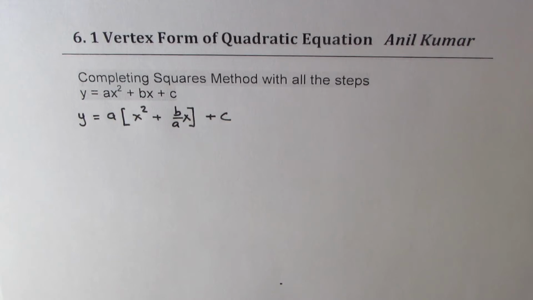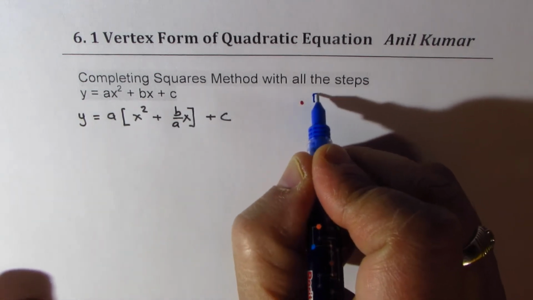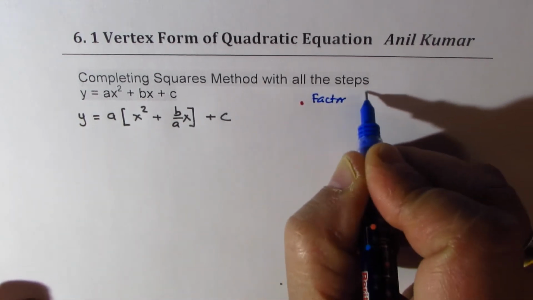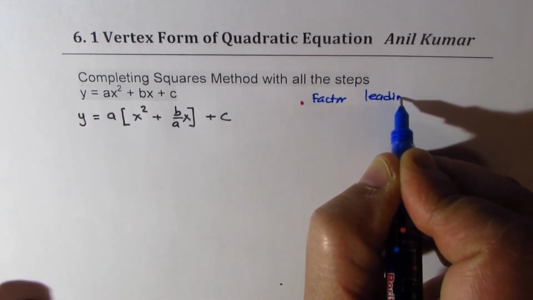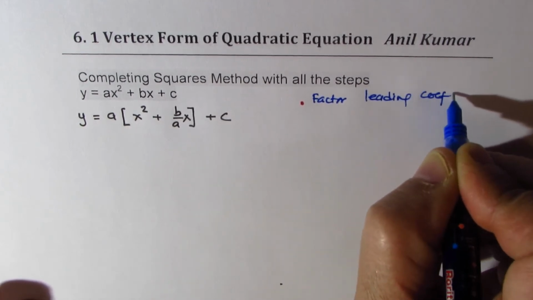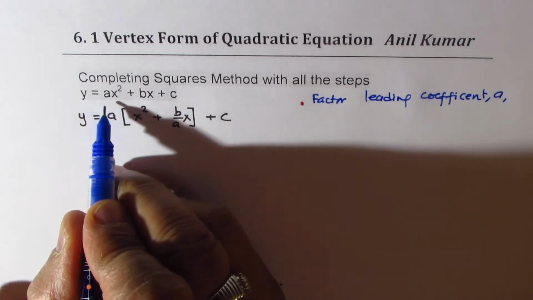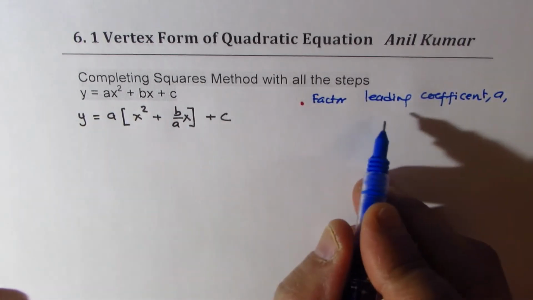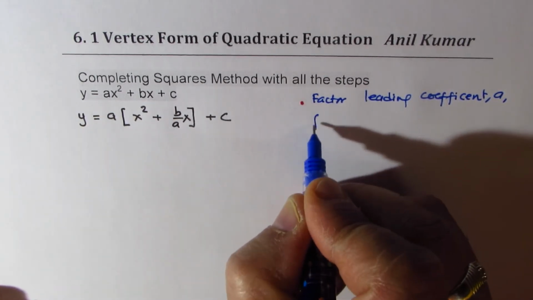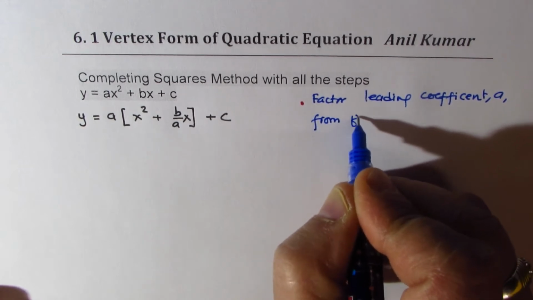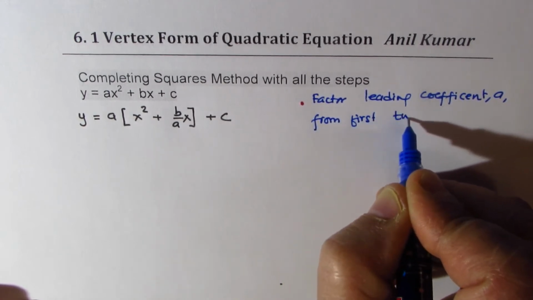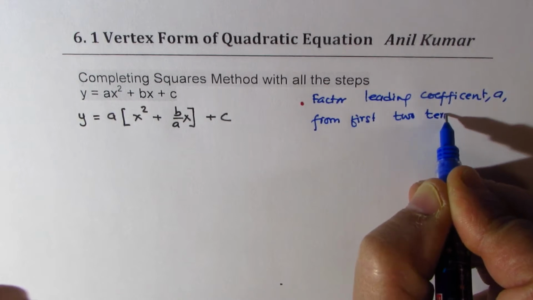So the first step involved here is to factor the leading coefficient. So a is also called the leading coefficient. Factor leading coefficient a from the first two terms.